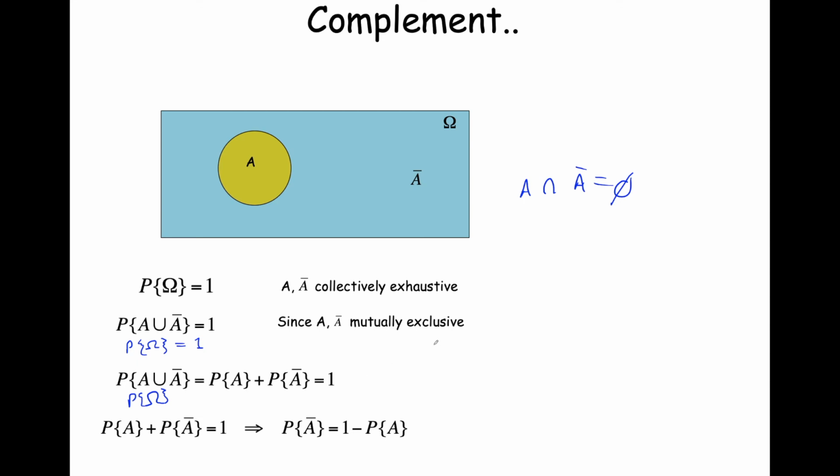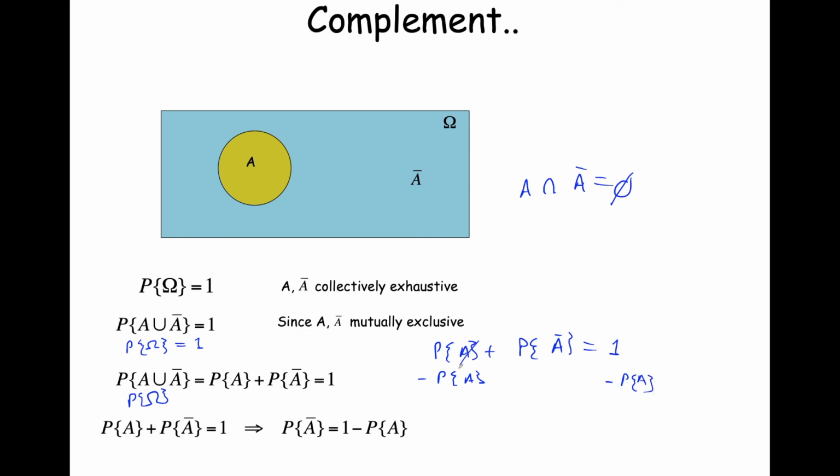Now if we take that expression, probability of A plus the probability of A bar is equal to 1, and we subtract from both sides of equality the probability of A, that's minus probability of A here, and we have minus probability of A on the right-hand side of equality.